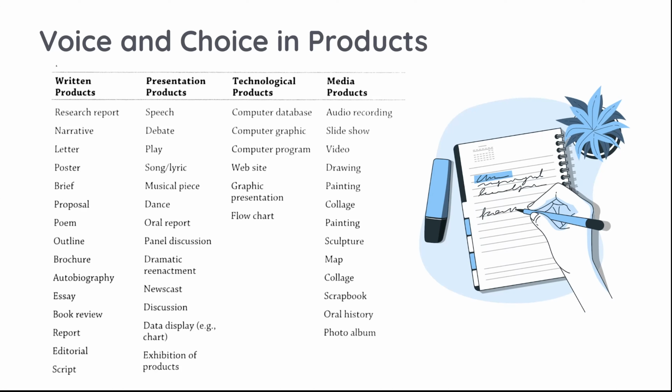For example, the student that asked me about making the rap video, that wasn't an option, but he asked about it. So that inspired me to leave that window open for any students who want to do something out of the box to share something that they've learned or discovered, and use that as a vehicle for what they have learned. So I think this is a powerful tool, making a menu. And this is just a small example of things that you could use. There are literally tons more.